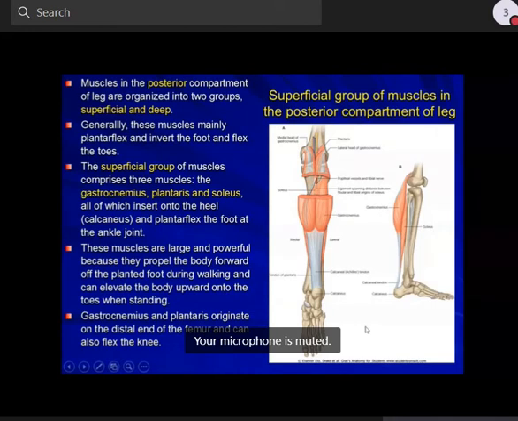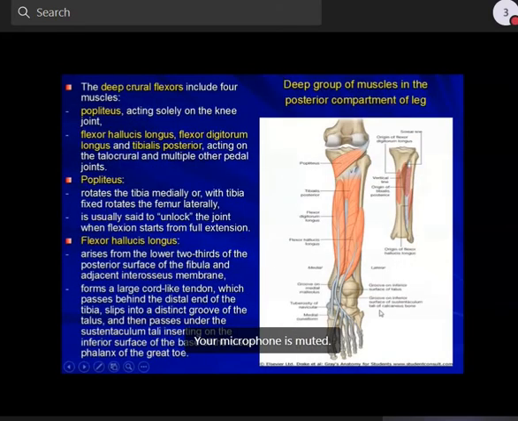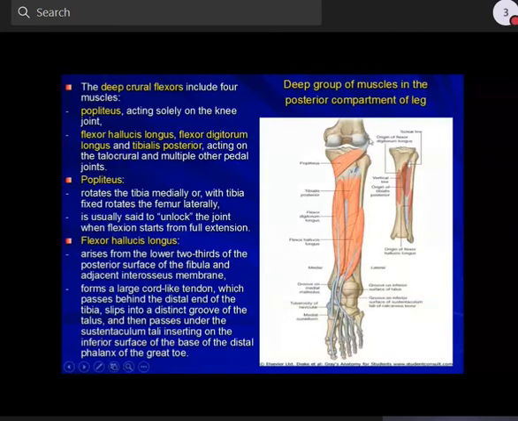The deep group is composed of three muscles, or of four muscles, because the highest is the popliteus. The popliteus starts superiorly from the lateral meniscus and a groove on the lateral femoral condyle.